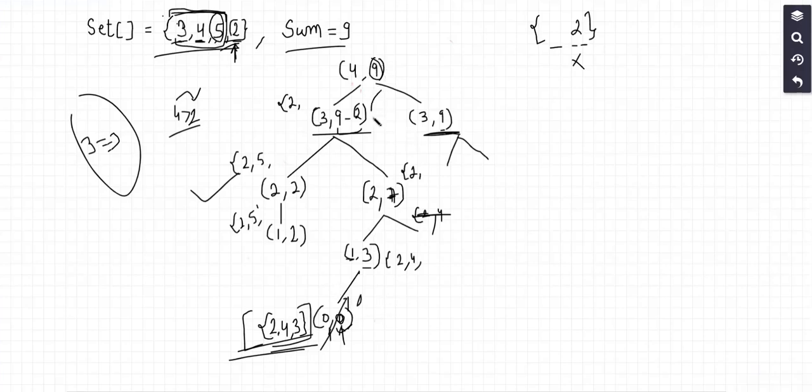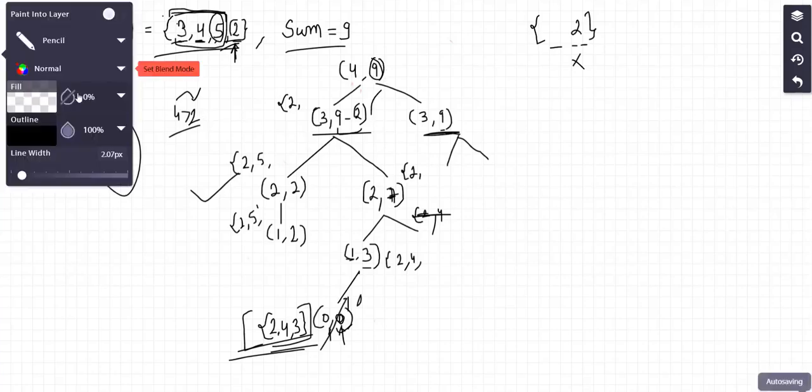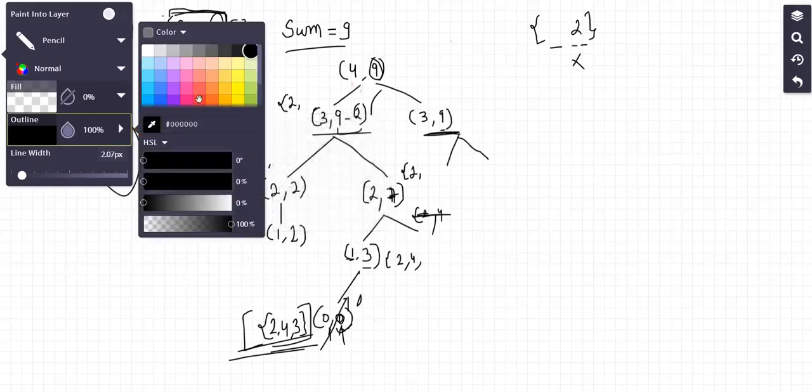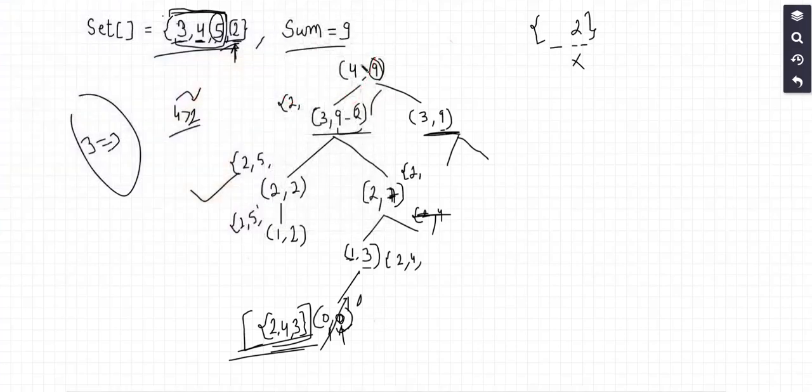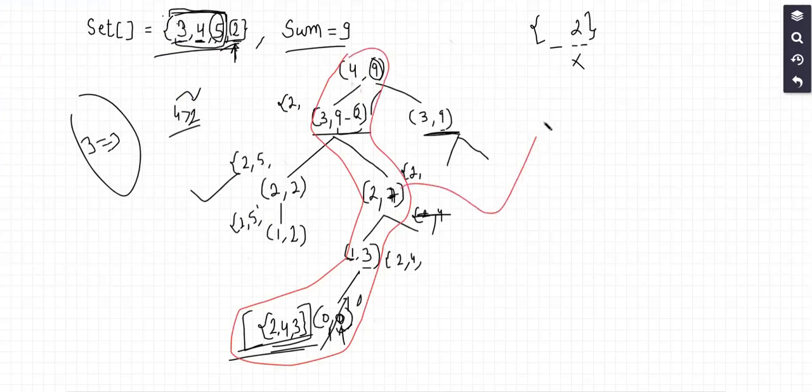So this is the branch. Let me point out, this branch is giving me a favorable output set, that is 2, 4, 3.